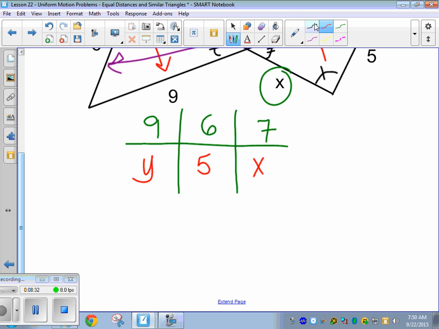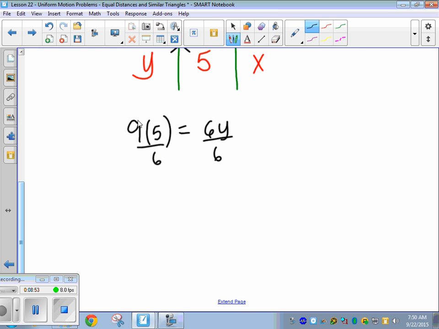What you have to use to solve for both is this fraction that has both the numbers we actually know the values on. So I'm going to cross multiply here to find y. So 9 times 5 right here equals 6 times y. So I'm going to cross cancel this, reduces to 3 and 2. So I get 15 halves for y.